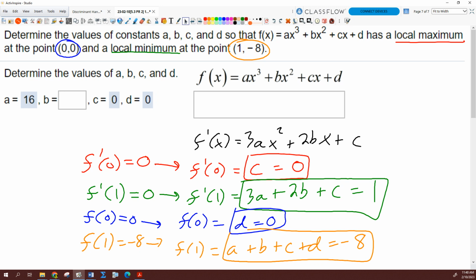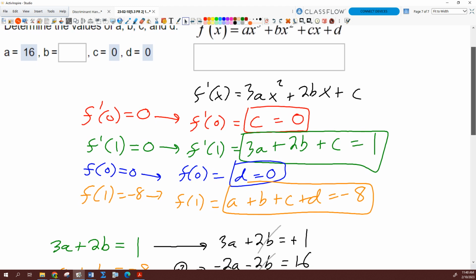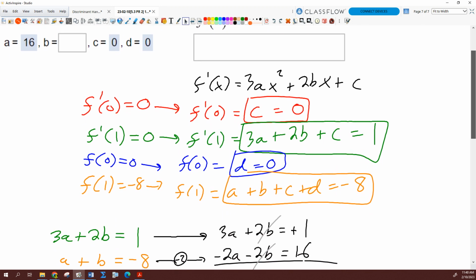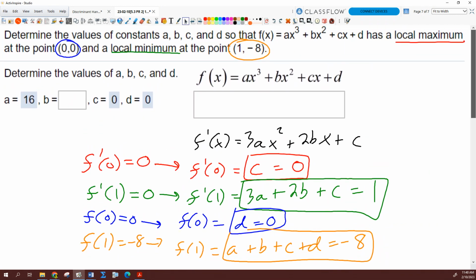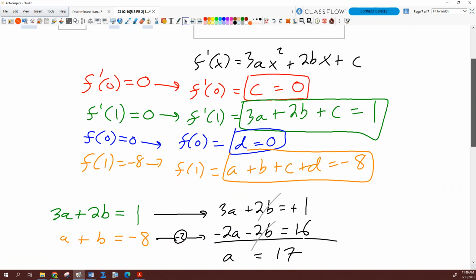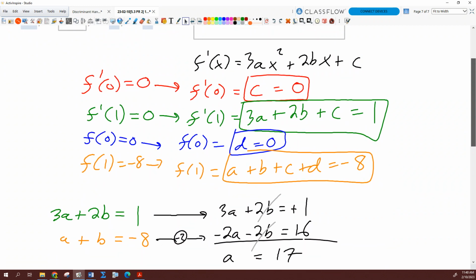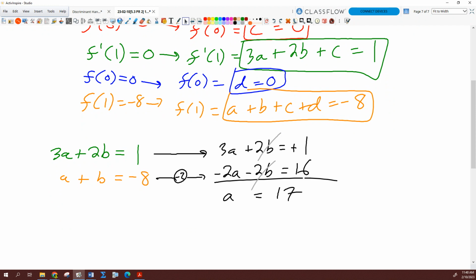We didn't get d. Well, d's, that's right. So then a plus b plus c plus d equals -8. Those go away. Boy, I think they're wrong on this. I really do.